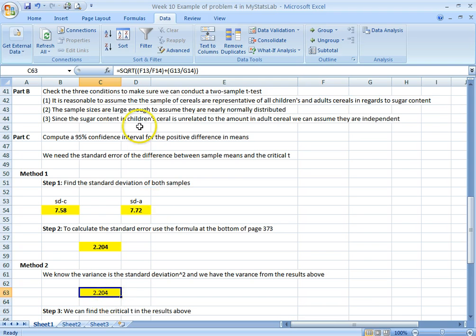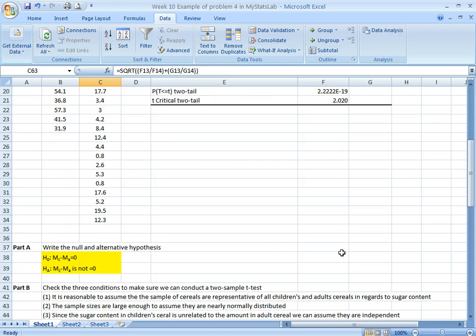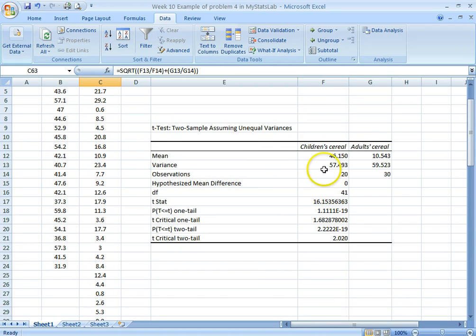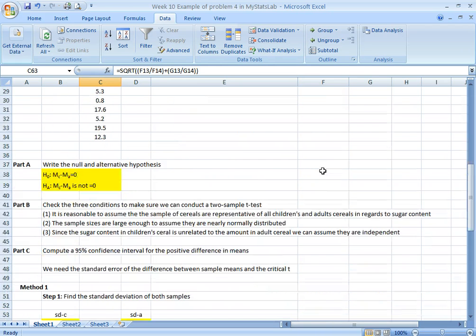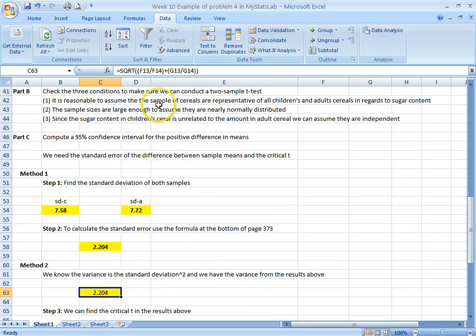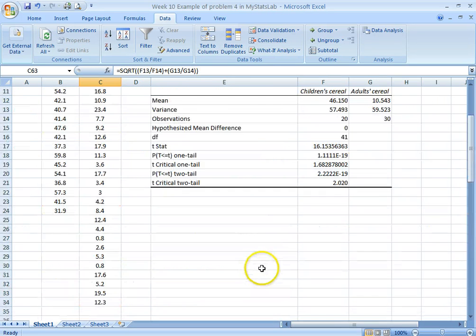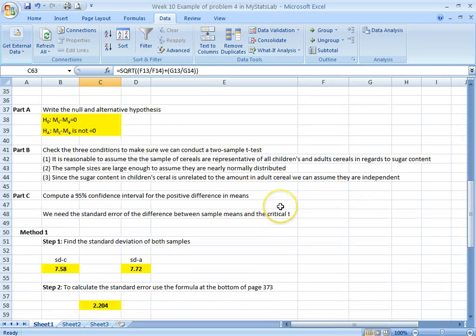You see here I take the square root of F13, which is the variance, divided by F14, which is the n for this sample, or 20, plus G13, the variance of our adult cereal here, divided by the 30 there.